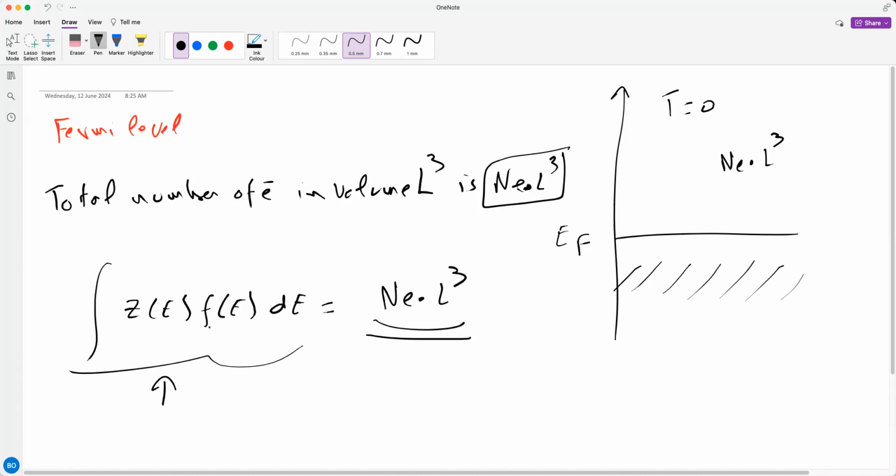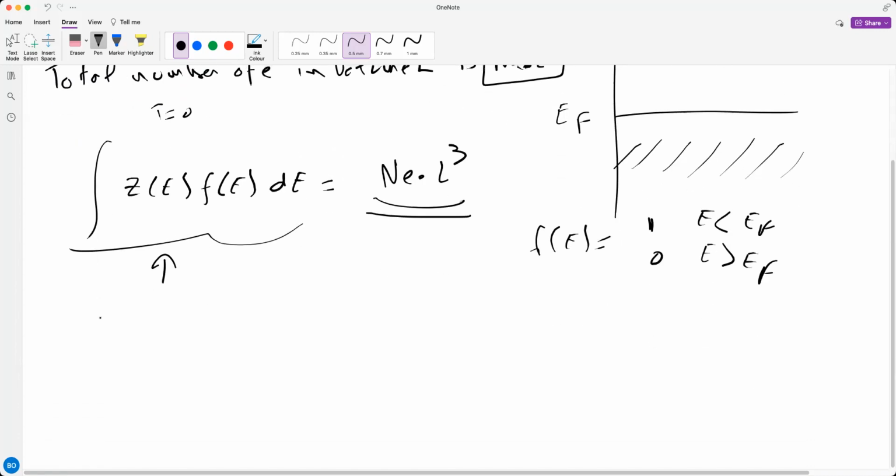Now, I'm doing this at t equals 0. At t equals 0, F(E) is equal to 1 when E is less than EF, and equal to 0 when E is bigger than EF. This means that this integral will just be the integral from 0 to EF of Z(E) dE, because F(E) is equal to 1, and this will be equal to Ne L cubed.